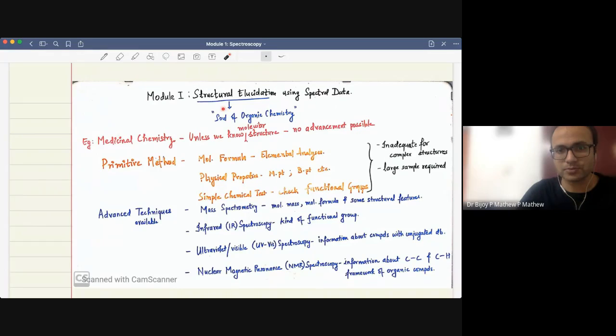So that's why I have used this particular quotation here: structural elucidation is the soul of organic chemistry. Why am I saying that it is the soul of organic chemistry? Right now when you study organic chemistry, you know exactly the structure of the compounds because it is written very clearly.